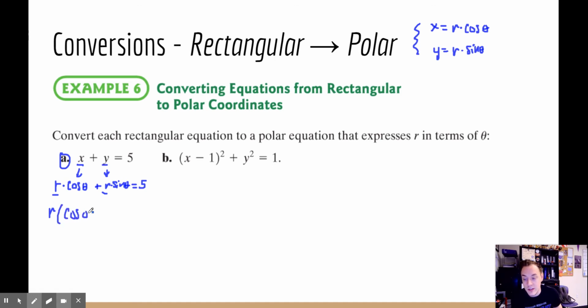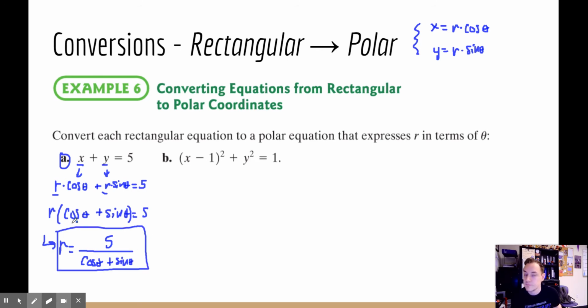This is cosine of theta, and then this is plus sine of theta equals 5. And now what I'm going to do is divide by cosine plus sine, which means what I get is r equals 5 all over cosine of theta plus sine of theta. This is my final answer.